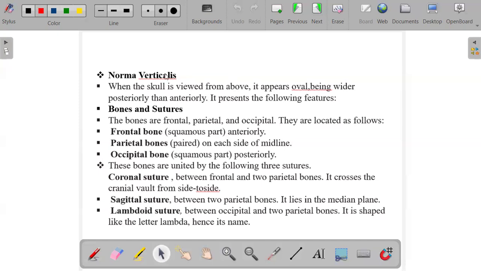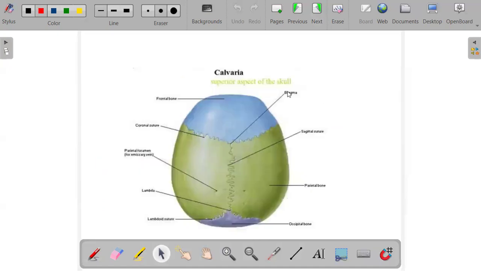Now, if you're studying the skull from the superior aspect, this is what we call the norma verticalis. I want us to look at the superior aspect of the skull. What do you get to see when you are looking at the skull from above? You will see these 2 paired bones, which we call the parietal bones.